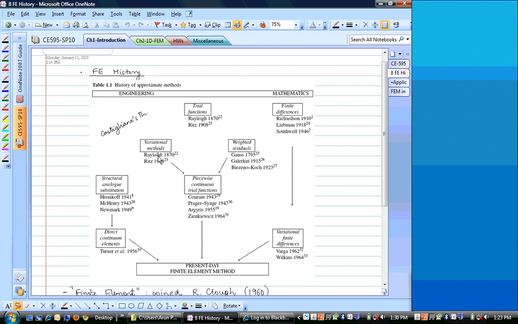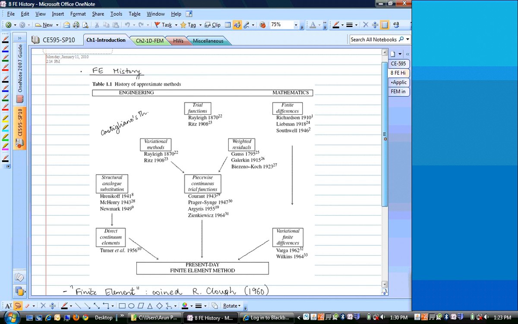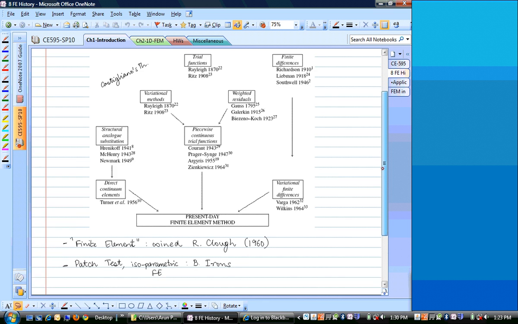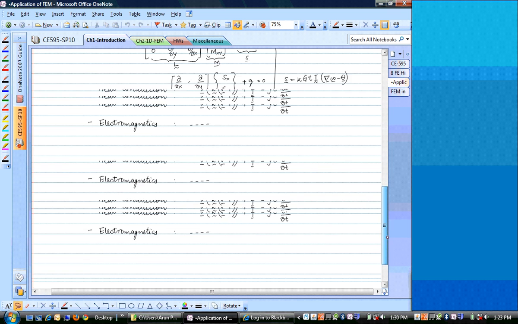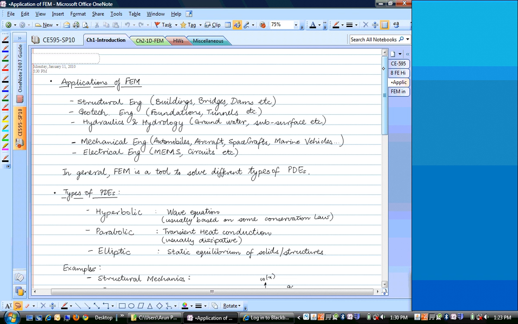Another one was variational principles. When you think of variational principles, you should think of energy methods. And I was trying to tell you how energy methods are related to the structural engineering approach, things like Castigliano's theorems and all that.